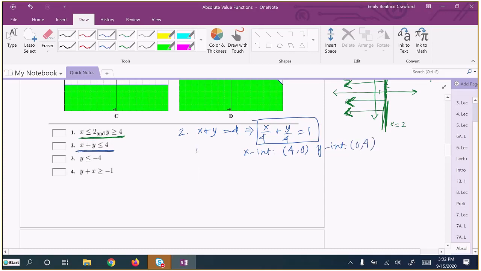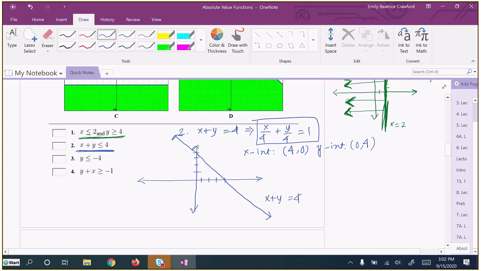So it will be easier for us to draw the line. You will go 1, 2, 3, 4, 1, 2, 3, 4 for the two intercepts. Join these two points and extend it, and that will be our line x plus y equal to 4.